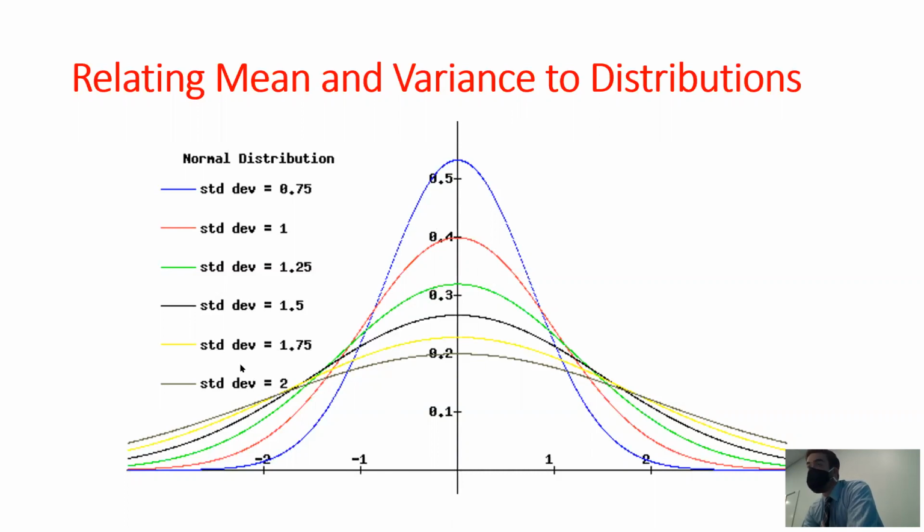A higher and higher variance or standard deviation flattens that distribution, making values further from the mean just as likely as seeing those near the mean. Okay? Like I said, we'll revisit that discussion later on, but I wanted to introduce it here.